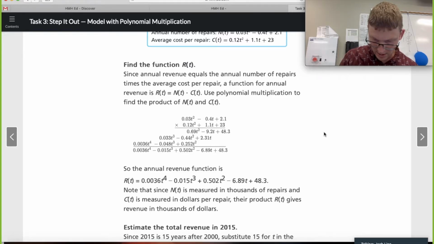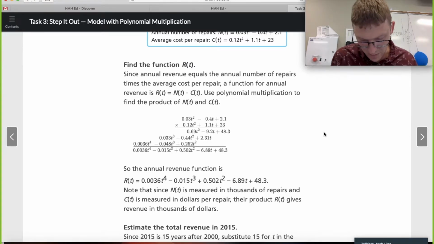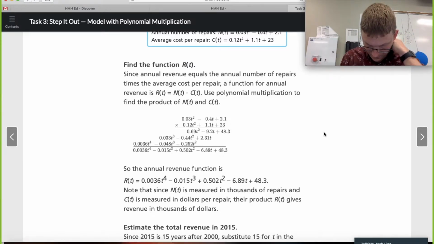So they're going to show us the vertical method. You set up your two equations right here. Technically, when we're multiplying, it does not matter which one goes on top and which one goes on bottom. I tend to put the smaller one on bottom, if there are fewer factors, but that's just me.